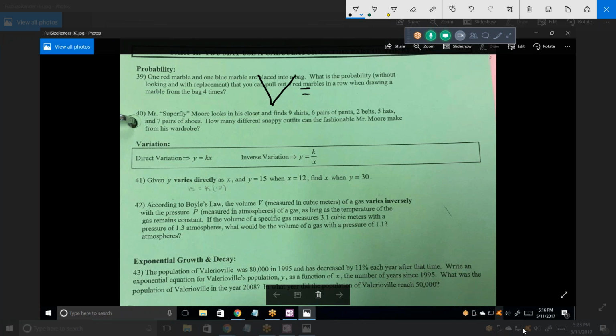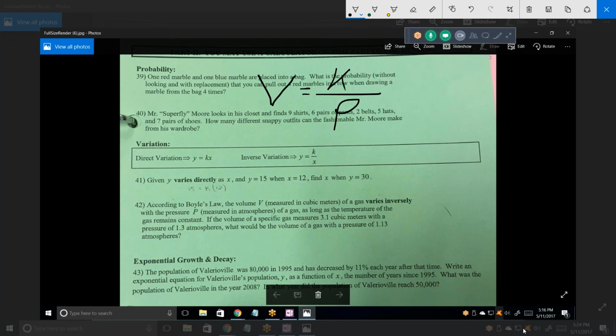So volume is V. What does varies inversely with pressure mean? Divided. Well, hold on. We need a K. Don't forget the K, because the K is the first thing we've got to solve for. So there's our general equation for Boyle's law, as long as the temperature of the gas remains constant.